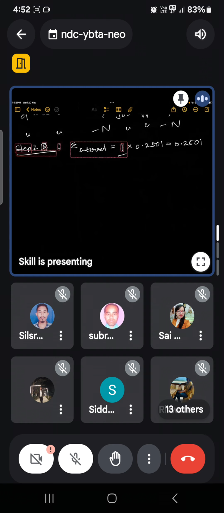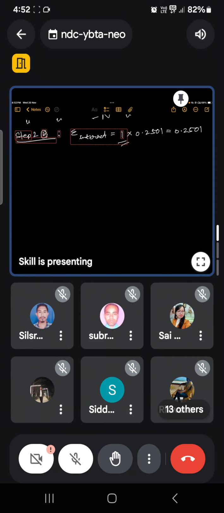If it was 2, then we would have written 2 into 0.2501. Then similarly, we will calculate the weight of each weak classifier, which I have shown you in the previous calculation.